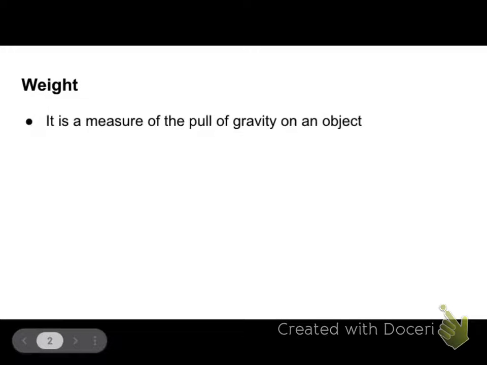You're familiar with the concept of weight in terms of how you have experienced it your whole life. Weight, as science defines it, is a measure of the pull of gravity on an object. So when you step on a scale and it tells you your weight, it's actually telling you how hard gravity is pulling on your mass.